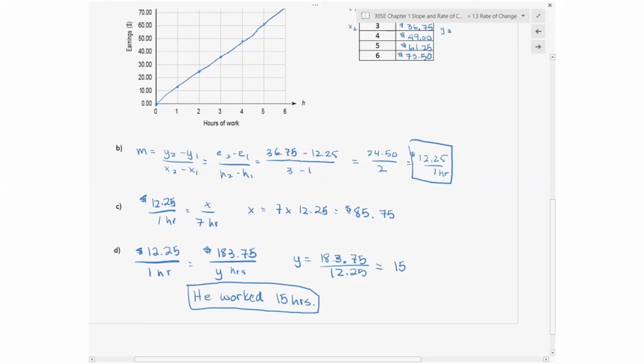And here we should say he would earn $85.75. I hope you can read that.